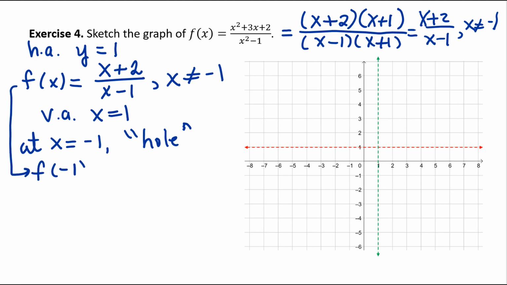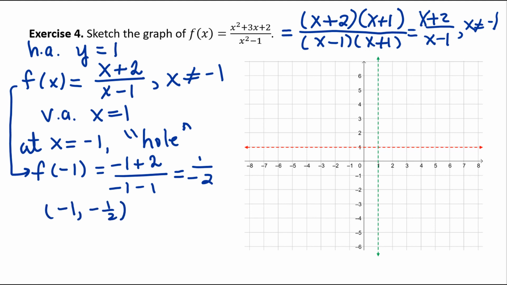So f of -1 would be equal to -1 plus 2 divided by -1 minus 1, and that is 1 over -2. What we have here is that at -1, comma -1/2, the graph of f of x has a hole. So we go to -1, -1/2, and just make a hole.